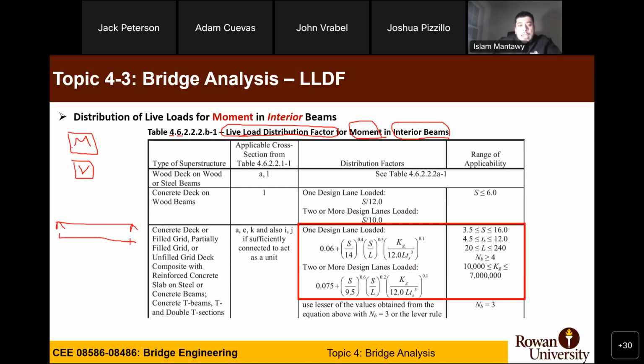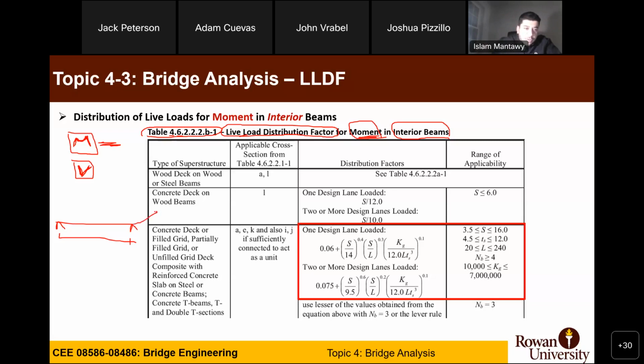So if we calculate the moment or shear, in order to distribute them between the girders, we have a separate table for it. We have a table for moments to distribute the moment. Let's say you solved it last time, the moment was 1,000 kip-feet, and you didn't count how many girders in this example.